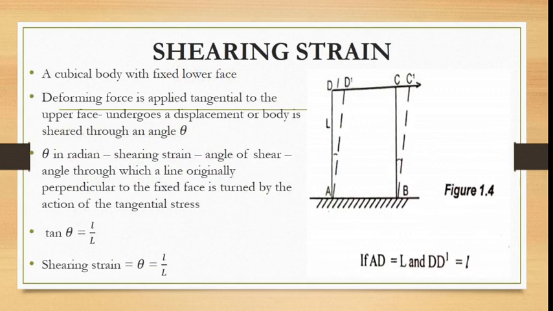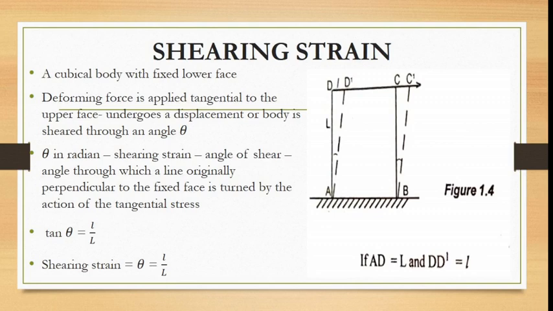Now the last type of strain is the shearing strain. Here we consider a cubical body whose lower face is fixed and the deforming force is applied tangential to its upper face, so that only the upper face undergoes a displacement.